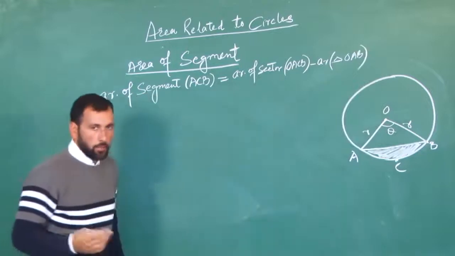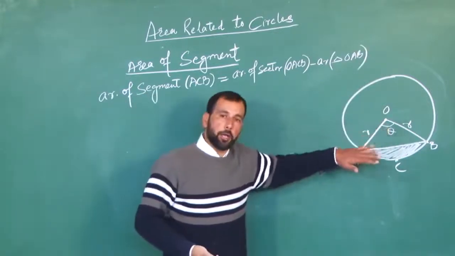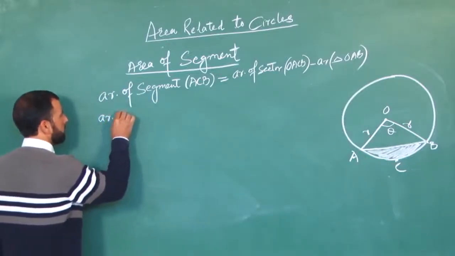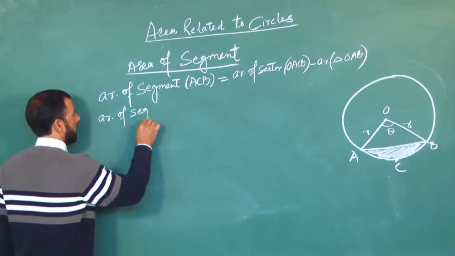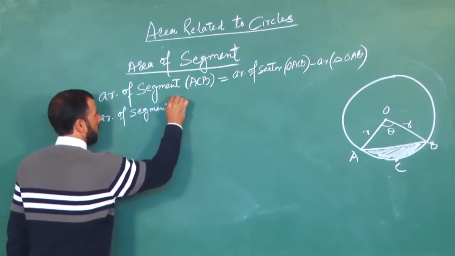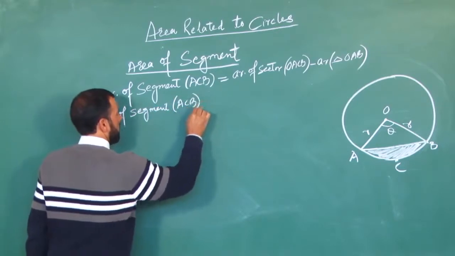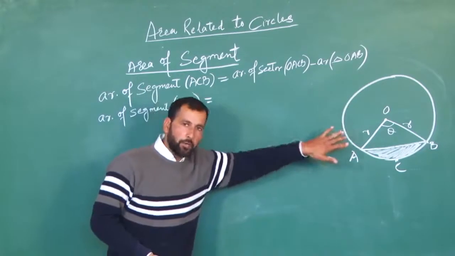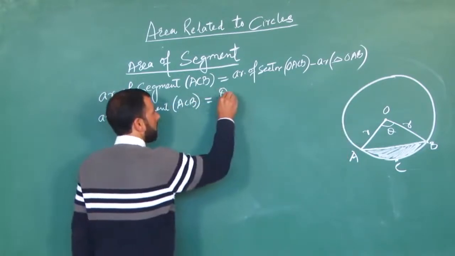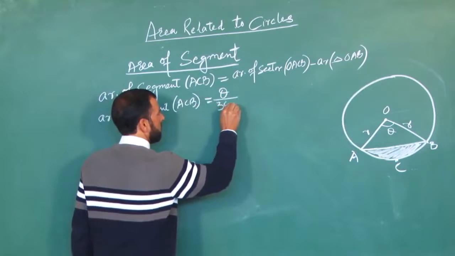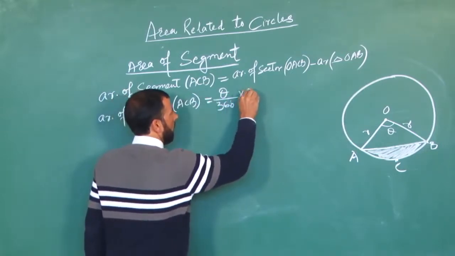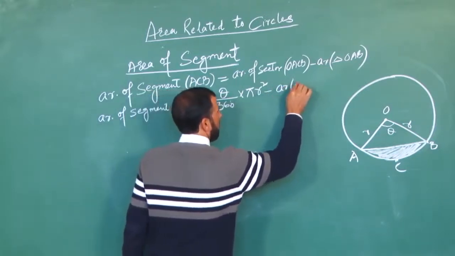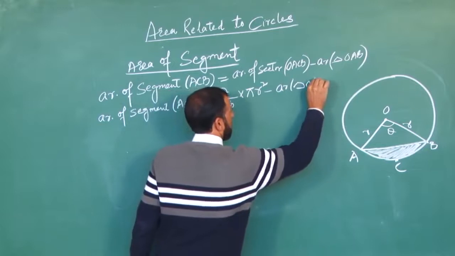We know that the area of a sector is theta divided by 360 times pi r squared. So the area of segment ACB is equal to the area of sector OACB, theta divided by 360 times pi r squared, minus the area of triangle OAB.